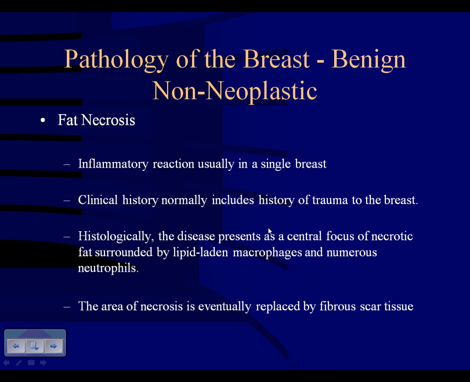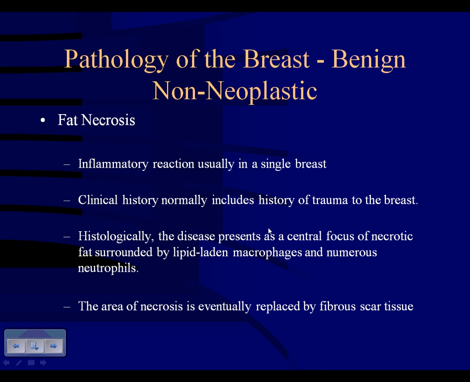But fat necrosis can occur in patients who've injured their breast for some reason. They were in an accident, they fell down, they hurt the breast tissue. Sometimes it's seen in extreme joggers, who don't have very good support for their breast tissue, and sometimes they can get that too.